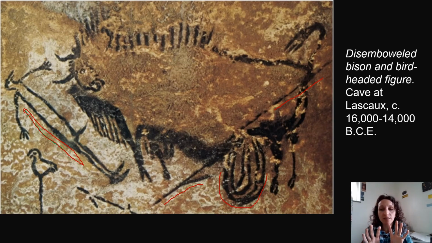So what I want you guys to pay attention to is how much detail is put into this animal. We see areas where the hair stands up, like we do along here, this kind of bearded area, right? We see all of the details of the face and the head, where the eyes are, all those sorts of things. And then we also see details of the inside of the creature.